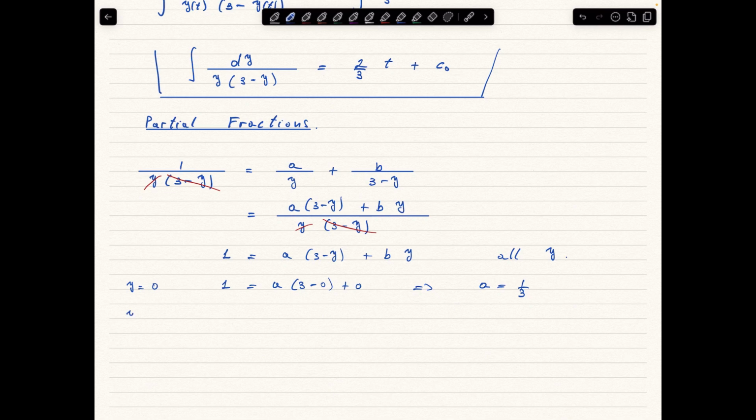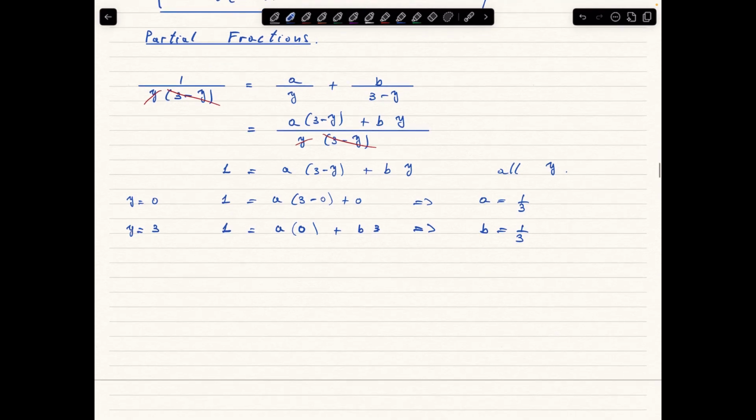And then it has to also be true for y equal 3. I'm choosing these two values because when I choose 0, this term disappears, and when I choose 3, this other term disappears. So 1 has to be equal to a times 0 plus b times 3. And then we have the same result for b: b is also 1/3.